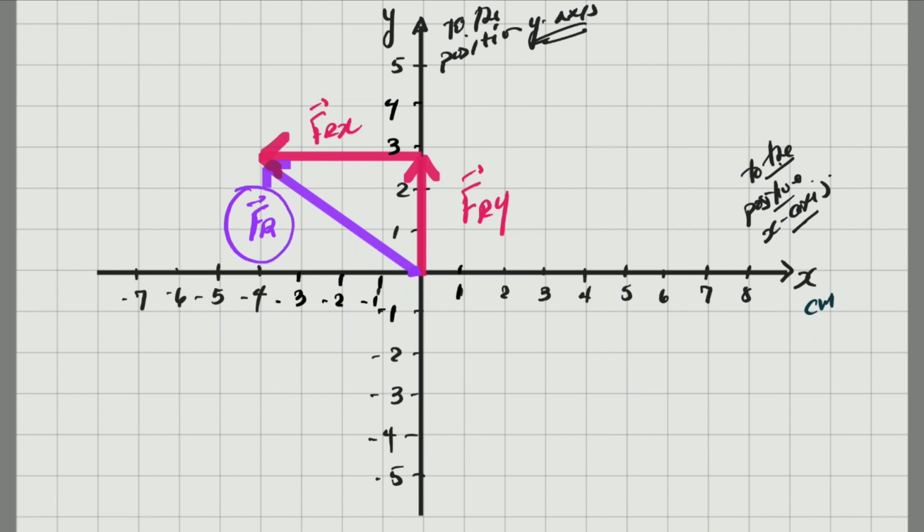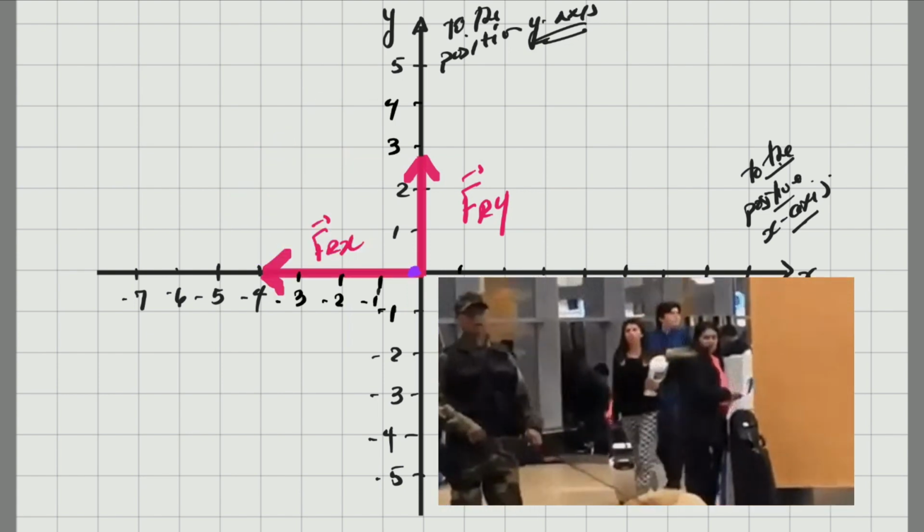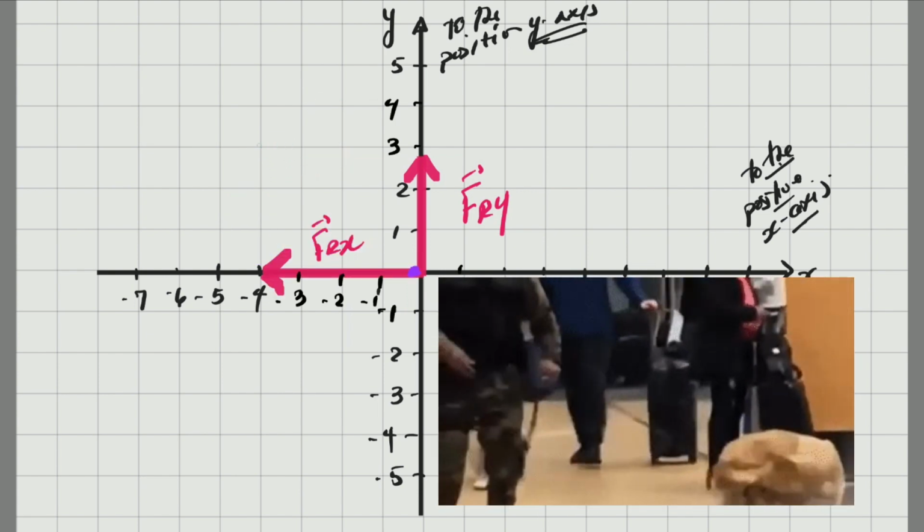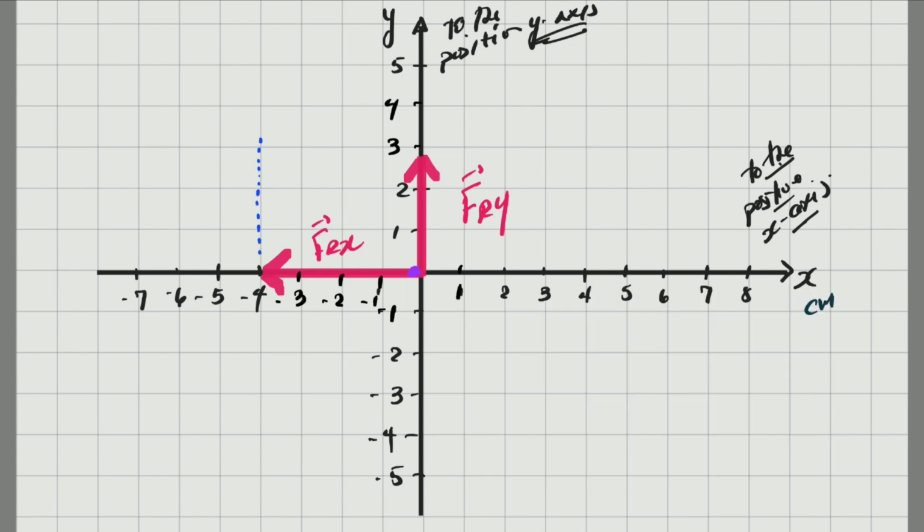Okay, now there is another method to do it, which is called tail to tail. Now let's see if we can do the tail to tail method. Now, how do we do the tail to tail method? Well, we're going to draw parallel lines to each of the vectors of the resultants of the x and the y-axis, and here are the parallel lines.